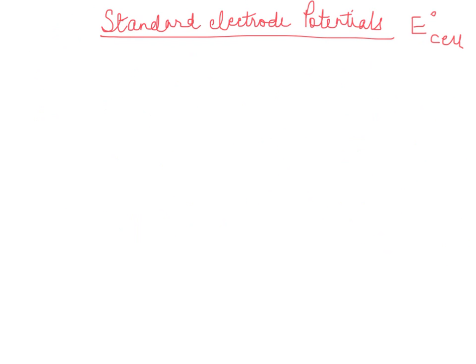Okay, that brings me to the standard electrode potentials, which usually are given by E naught cell for any electrochemical cell. And it really depends on the specific half reactions that are occurring in the half cell.